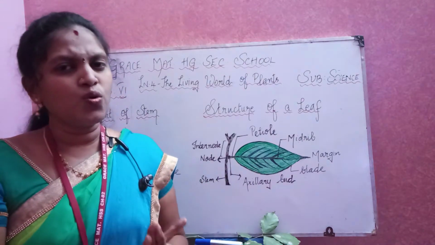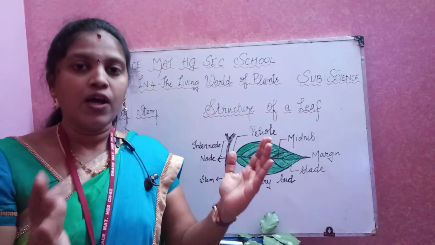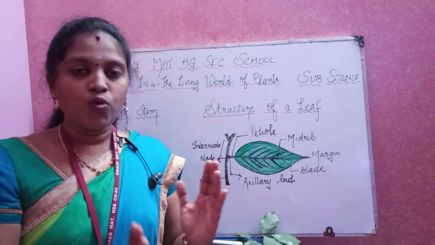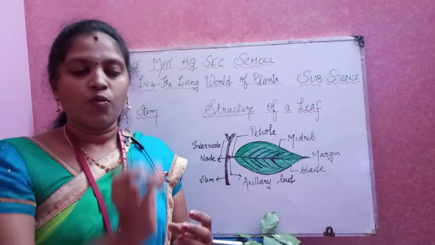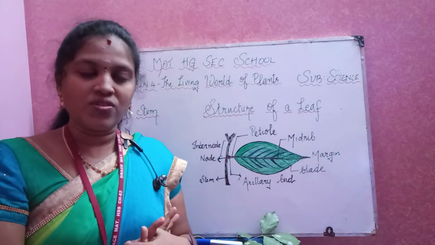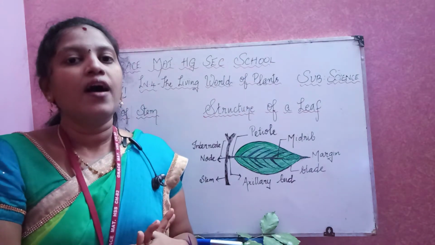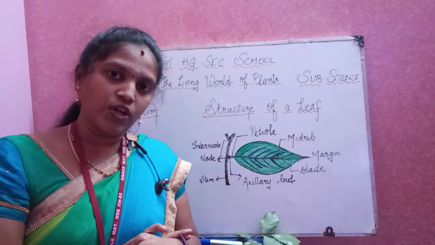Leave it for about 2 to 3 days, after which you cut it lengthwise and see it. You can see the upward movement of water throughout. This shows that roots help in absorption and conduction. Is that clear for you, children?